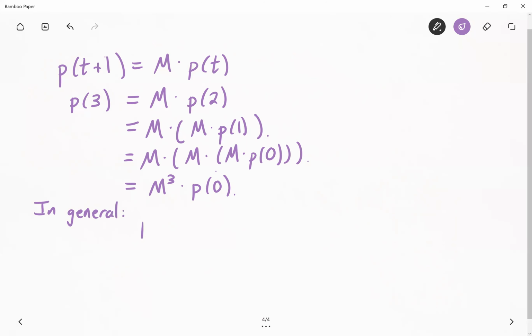We have that the population in year t, we can think of that as m to the tth power times the initial population. And I like to think of P of 0 as when time starts. Initial population.